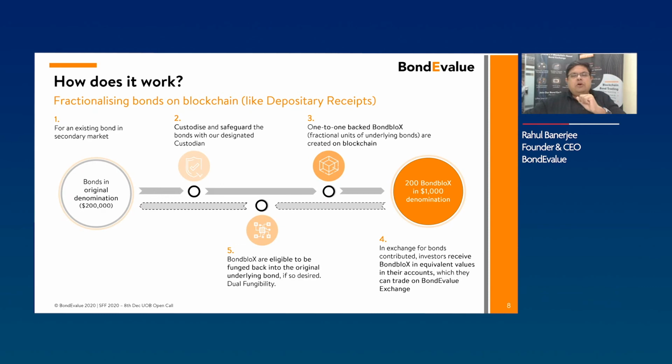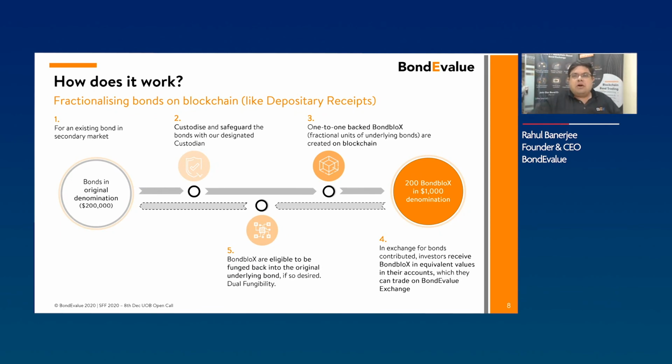The beauty of this system is that it is dual fungible. What dual fungible means is that anyone, including an individual using his UOB account, can put in a $200,000 bond and get $1,000 bond blocks. But anyone can also bring $1,000 bond blocks and get a Euroclearable bond.